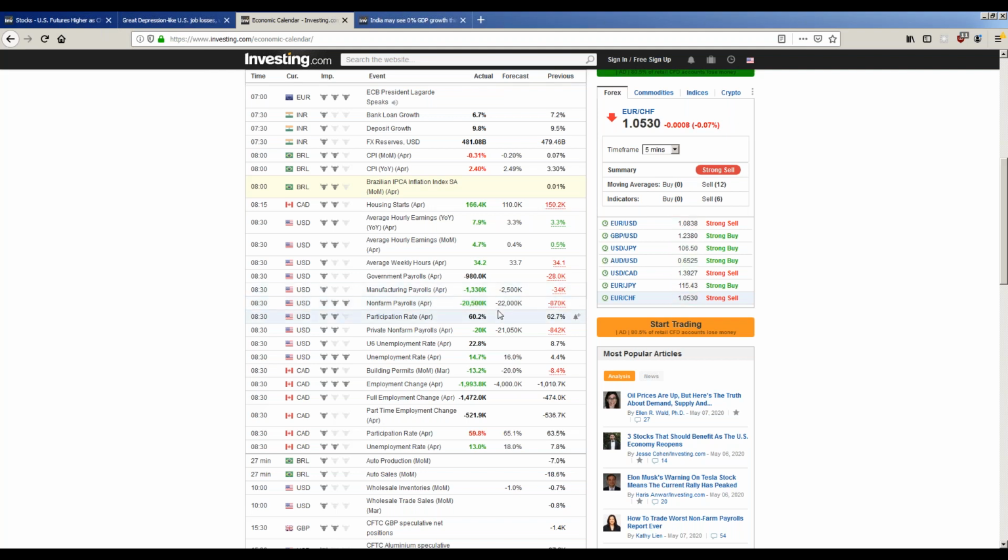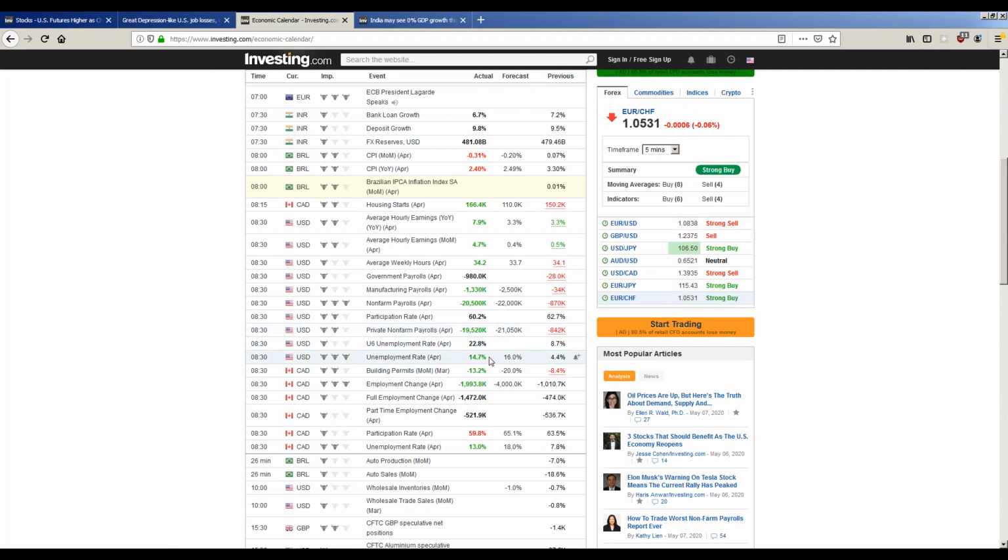And people expected bad news. So better than expected is nice. And usually when you get better than expected news, you get positive movement on the US indices. Okay, makes sense. So let's take a look then. Private non-farm payrolls decreased less than expected, but still in the millions, 19 plus million.